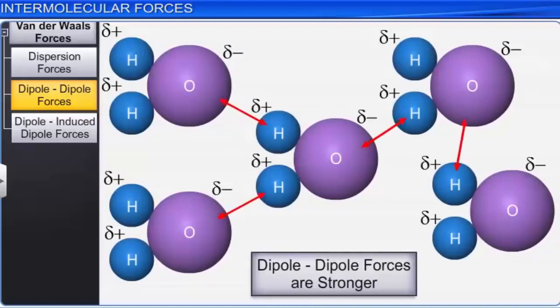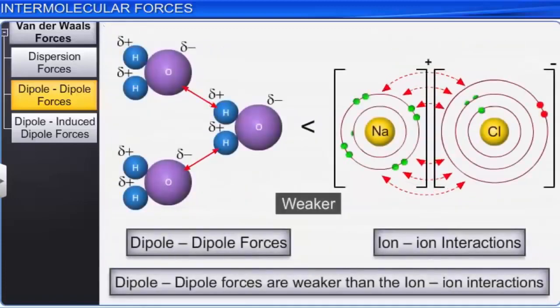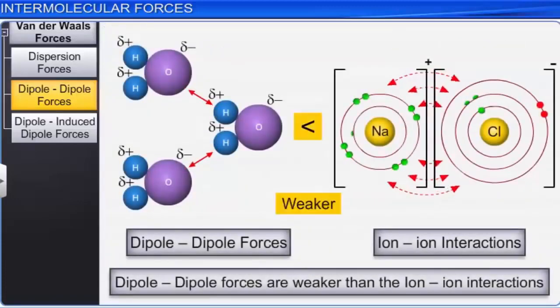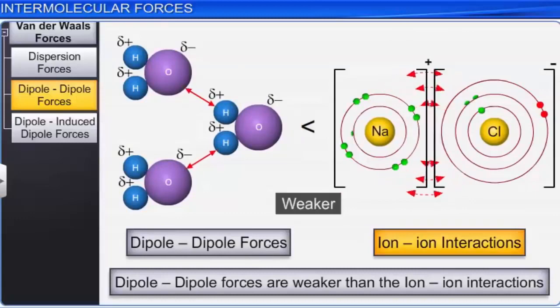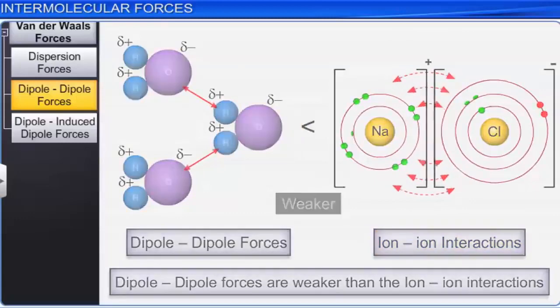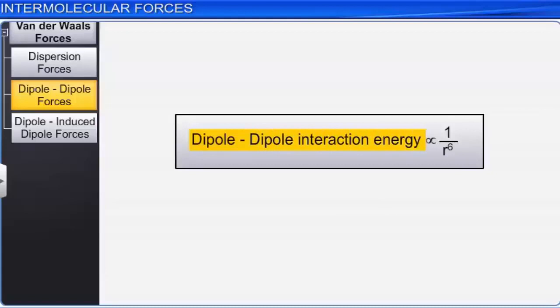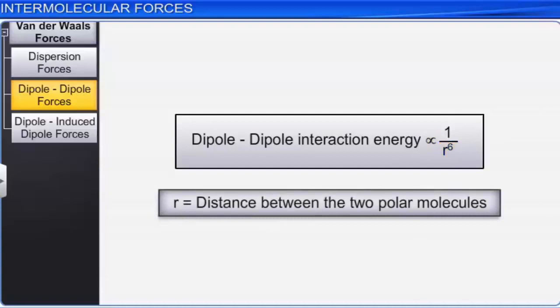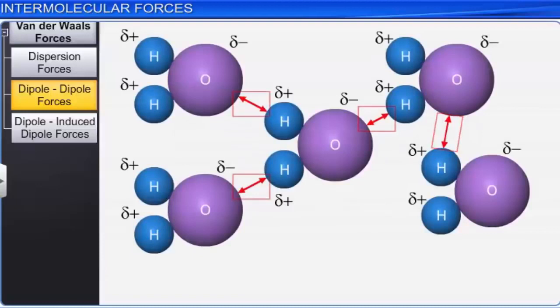But due to the involvement of only partial charges, they are weaker than the ion-ion interactions. The dipole-dipole interaction energy between the polar molecules is inversely proportional to the sixth power of the distance between the two polar molecules. Polar molecules can interact both by dipole-dipole forces and also by London forces of attraction.